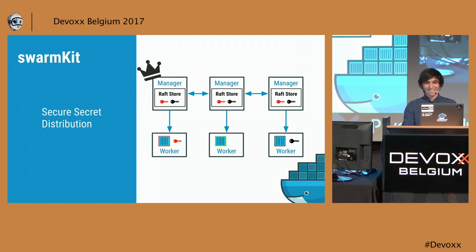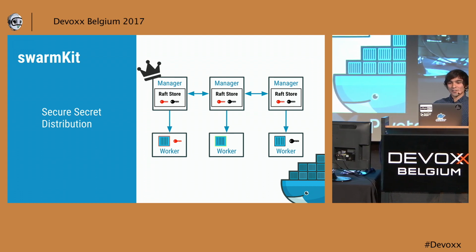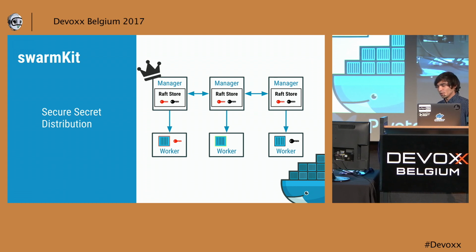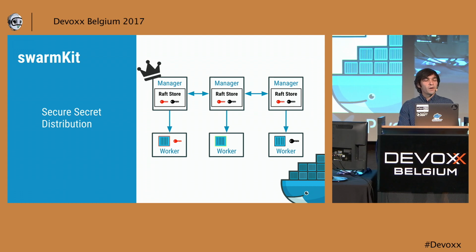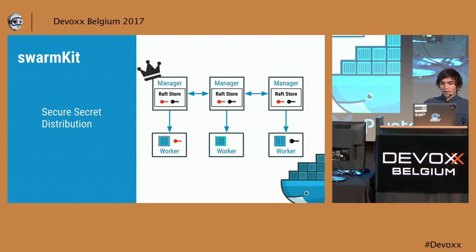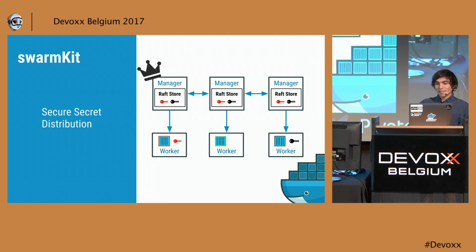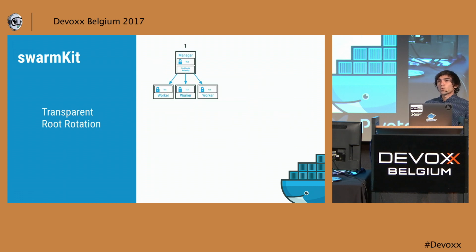Please use SwarmKit. And lastly, I've talked a lot about the root CA and the root key, and it's, as you can imagine, very important. And so I think one thing that sets SwarmKit apart from many systems, and for many security people in the room, I think this will be exciting, is you can actually, with SwarmKit, transparently rotate the root key material.